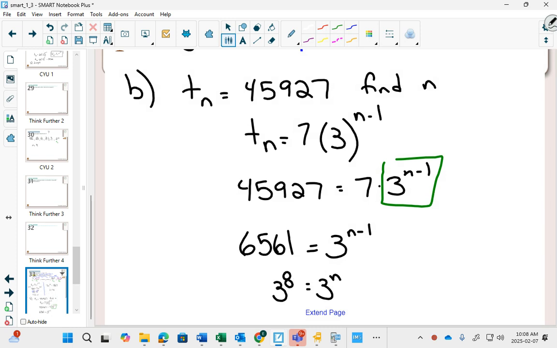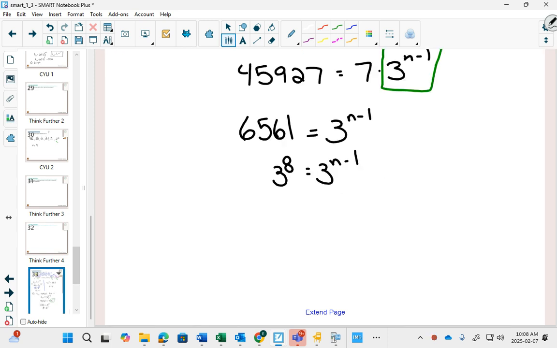And this side is 3 to the n minus 1. And now take some brilliant mathematics. You should be able to tell me what n is as a result. Just looking at it. What do you think? 9. Brilliant.